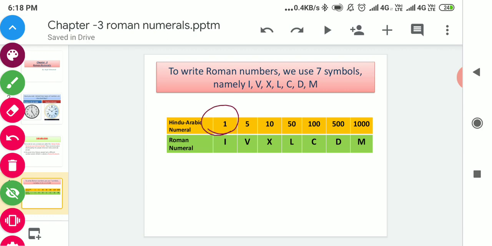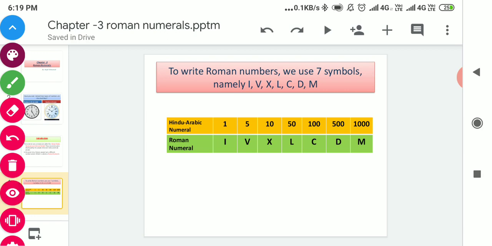The Hindu Arabic numeral 1 is written as I. The Hindu Arabic numeral 5 is represented as symbol V. The numeral 10 is represented as symbol X. The numeral 50 is represented as symbol L. The numeral 100 is represented as symbol C. Similarly, 500 is represented as D and 1000 is represented as symbol M. So, with the help of these 7 symbols, we will write Hindu Arabic numerals.